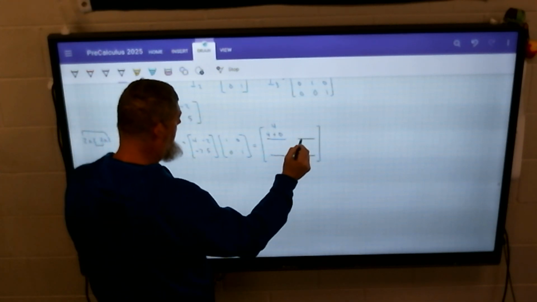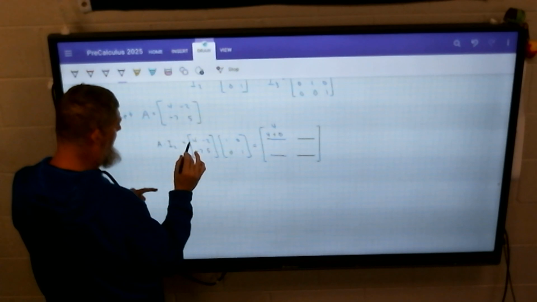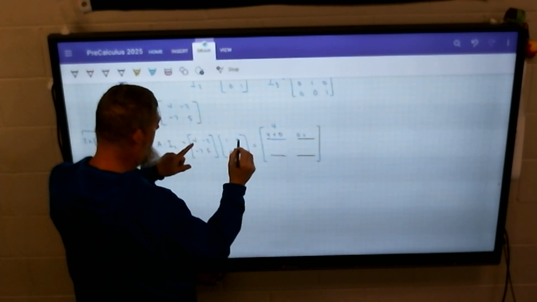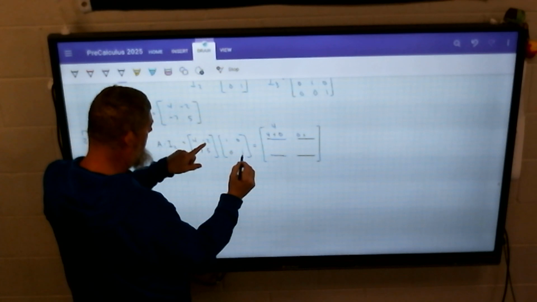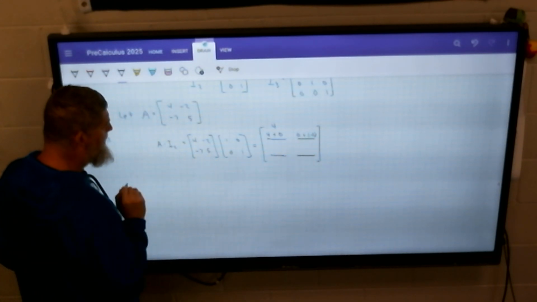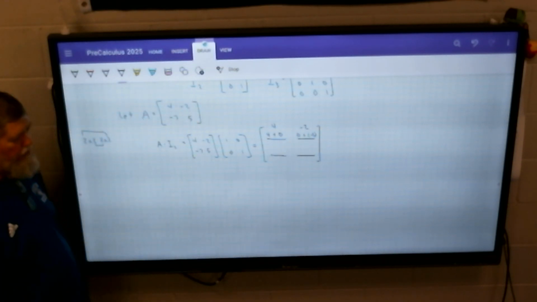What do I do for this one here? Row 1 times column 2, so 0 times 4 is 0, plus I move down and over, it's -2 times 1, so I get -2.